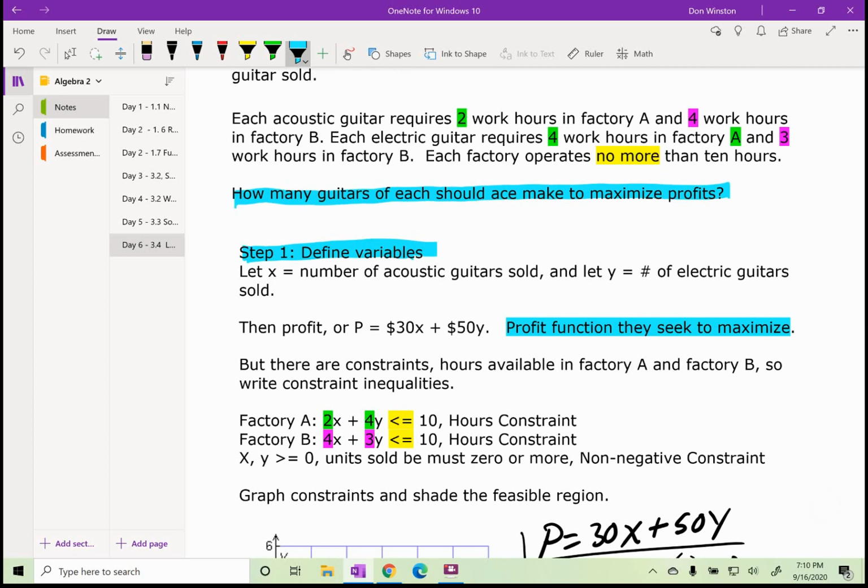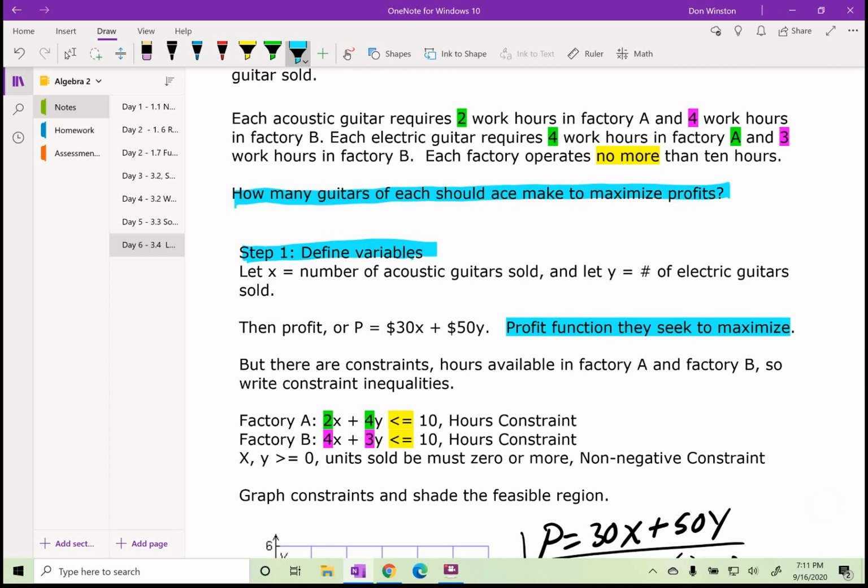There's only 10 hours in factory A. And then for factory B, each acoustic guitar uses 4 hours in factory B, and each electric guitar uses 3 hours in factory B. So 4x plus 3y again must be less than or equal to 10. They only have 10 hours.